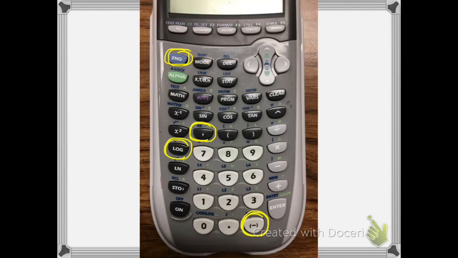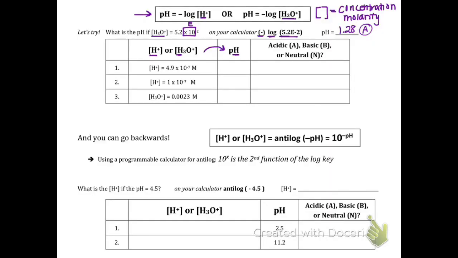Negative is here, log, and then you're going to type in 4.9 E. Remember, you replace this with the letter E, to the -7, and when you type that in, you should get 6.31. 6.31 is less than 7, so it is acidic. You try the next two, and you can pause here, and I'm just going to have the answers pop up.